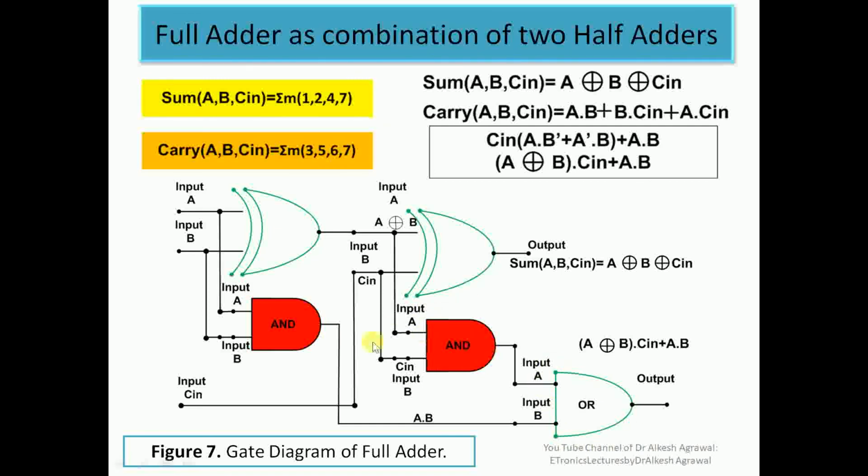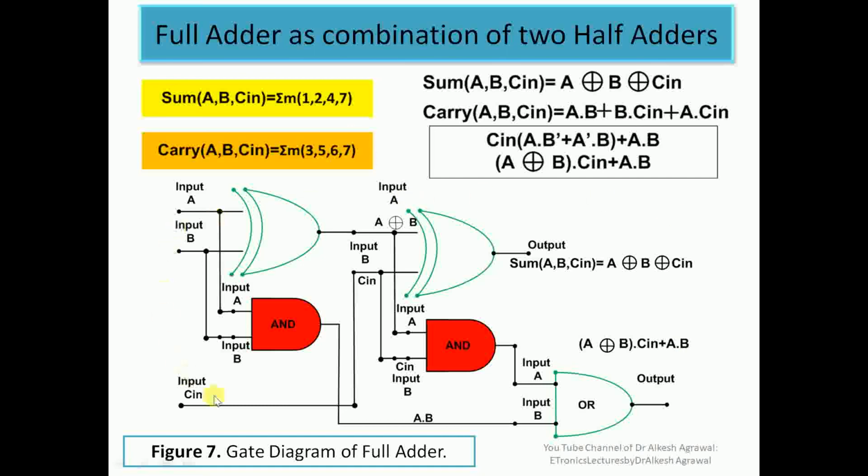So we have an OR value of carry from the first half adder, from the second half adder, or from both. From the first half adder we have A and B. From the second half adder, this input is A exclusive or B, this is C in, so what we get is A exclusive or B and C in, ANDed. So the final value is ORed. This value is A exclusive or B and C in, and this is ORed with A and B. So the final expression of carry we get is A exclusive or B and C in, or AB, because this is the carry from the first half adder and this is the carry value of the second half adder.